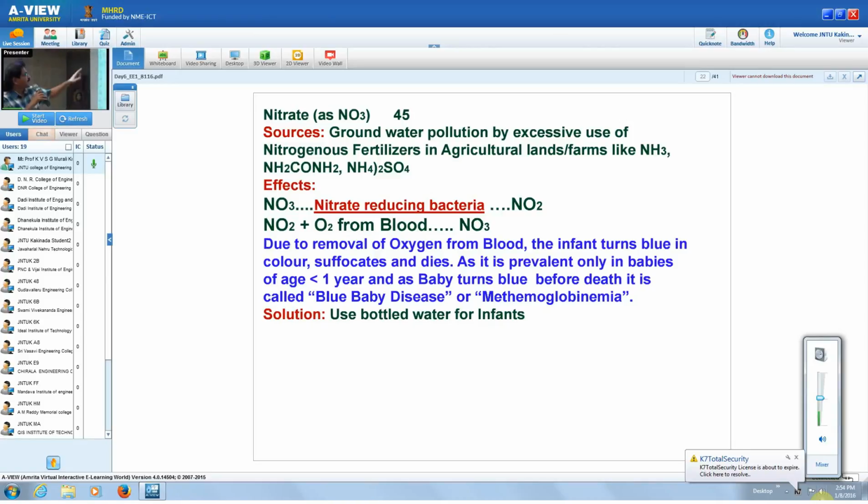Similarly, this particular type of bacteria has a lot of affinity, love, taste for the oxygen present in the form of NO3. So immediately that particular bacteria will take up the oxygen present in NO3 and convert it to NO2.